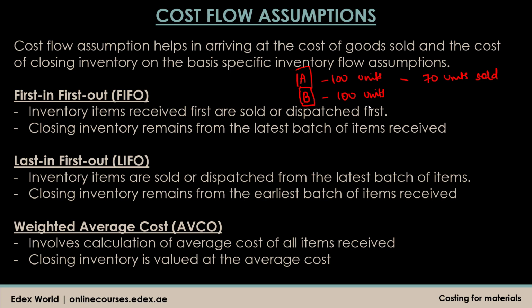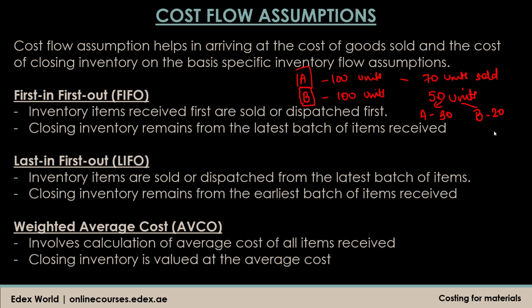So in this example, when we had to issue 50 units and we had 30 units from batch A and 100 units from batch B, this should come from batch A 30 units and the remaining 20 units from batch B. Why? Because that's the assumption we are making, that items that were received first will be sold or issued first.